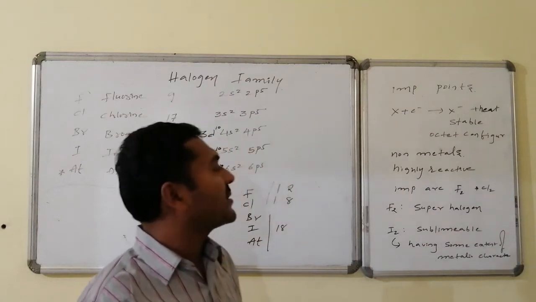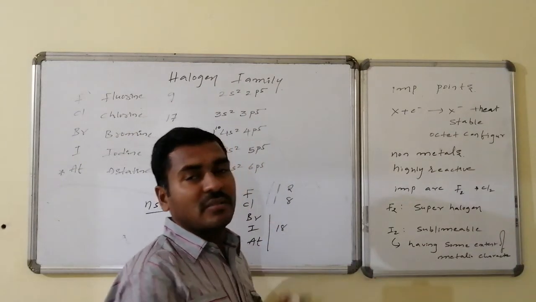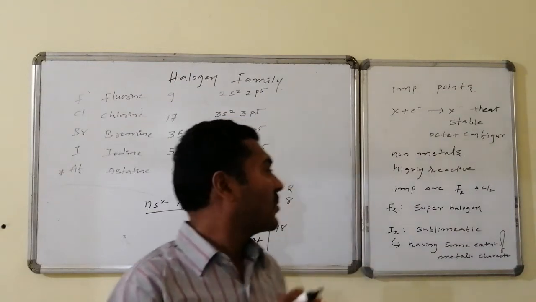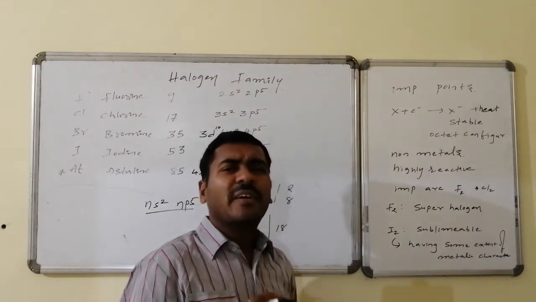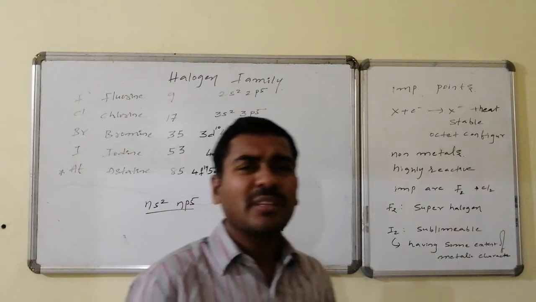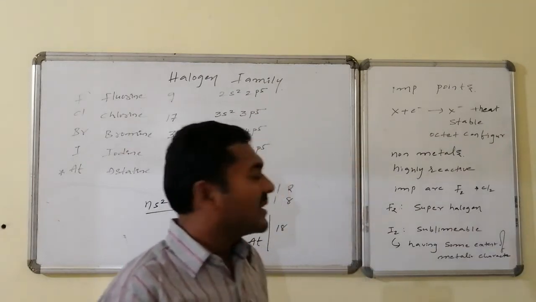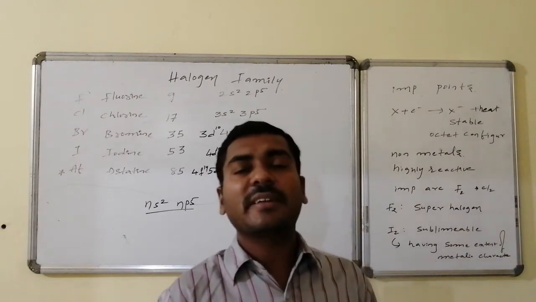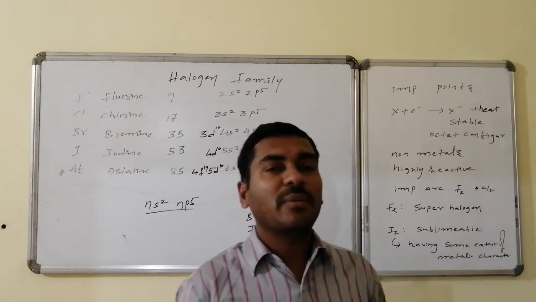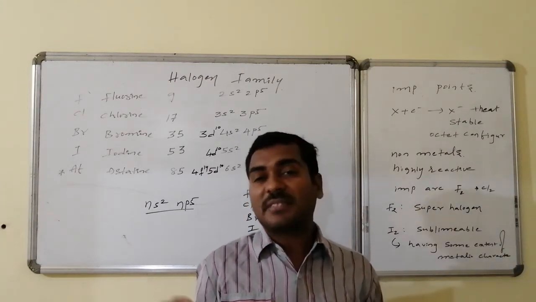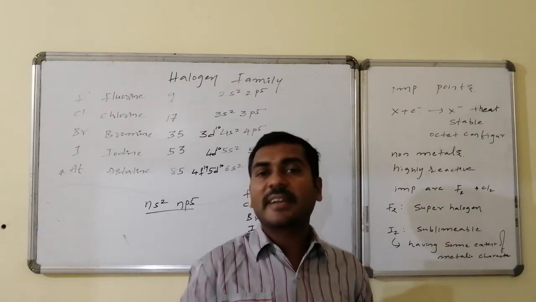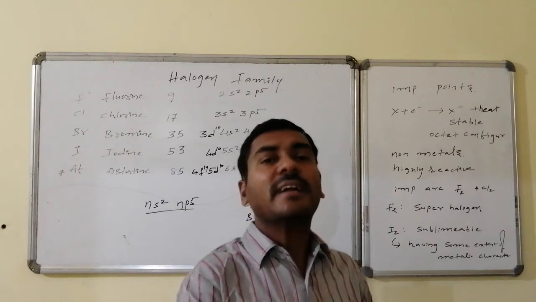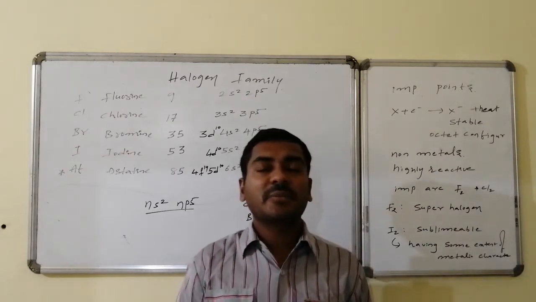These are very reactive. The important halogens that are eligible for all parts of discussions are fluorine and chlorine. Fluorine is very reactive, hence it is said to be the super halogen, whereas iodine is the only halogen in the periodic table's halogen family which can undergo sublimation, that is, from the solid state it is converted directly to the vapor state, and from the vapor state on condensation it is converted back to the solid state.